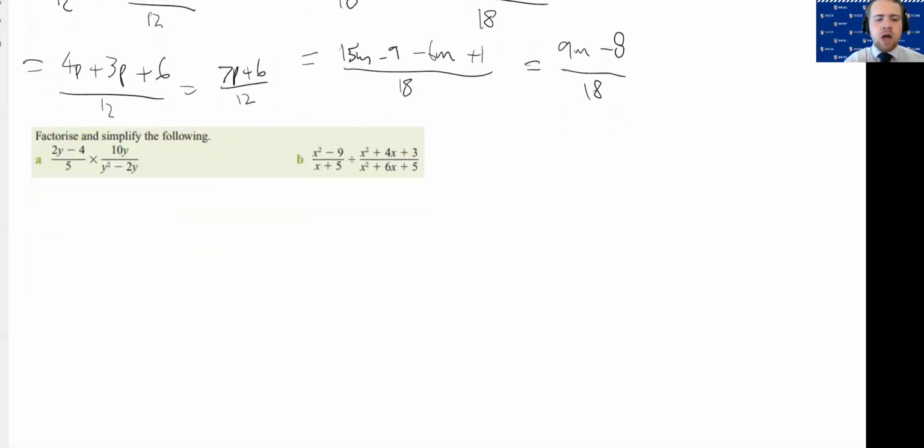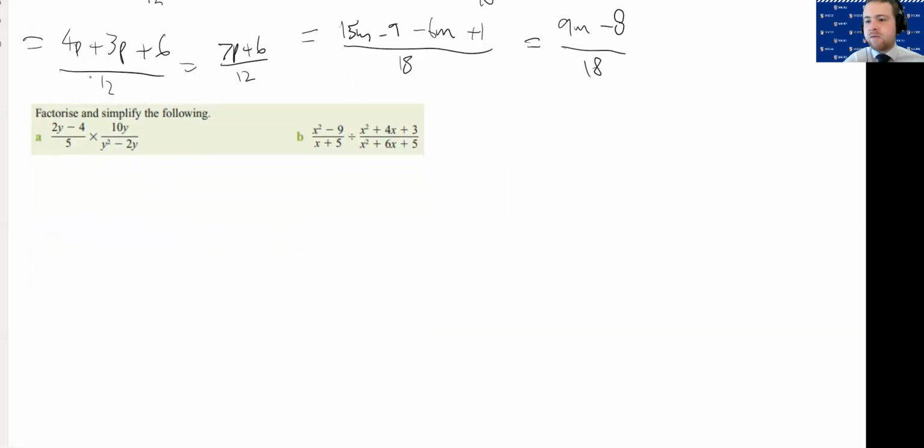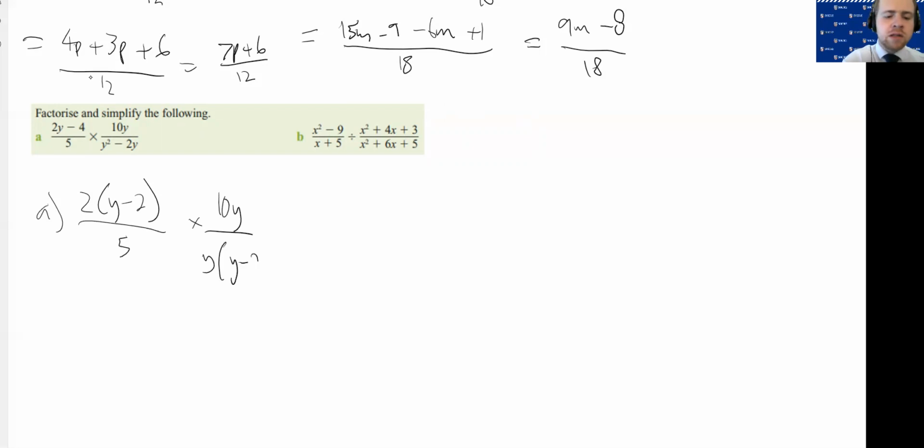Okay. Now, for these ones, we're going to need to factorize and then cancel the common factors once we've done that. So for this first one, we're multiplying. Let's factorize, take out the 2, and you get y minus 2. And then the bottom is going to be 5 times 10y over, and let's factorize, take out a y, we get y minus 2. So all we've got to do is cancel common factors.